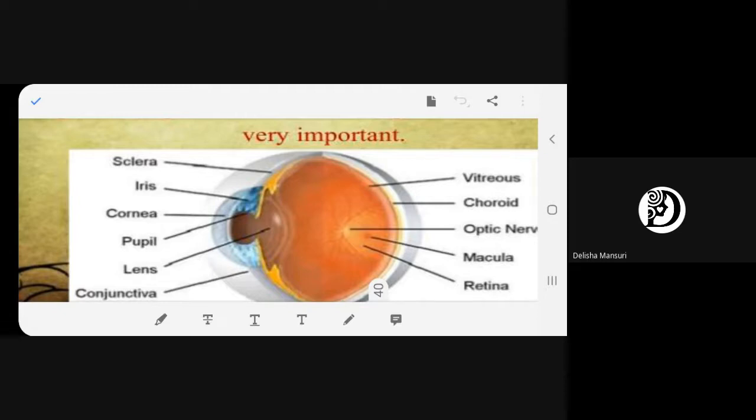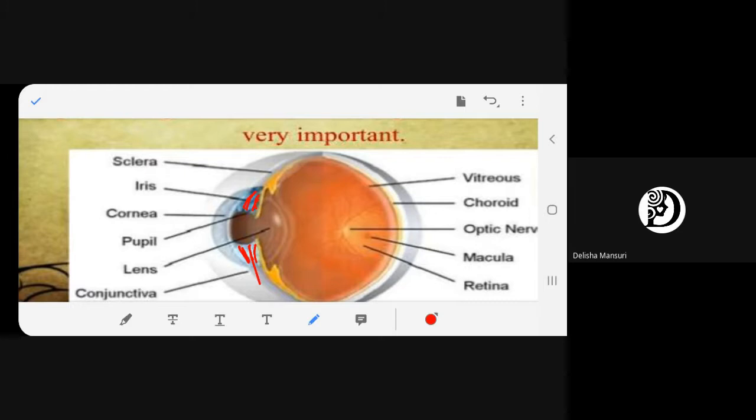And on the sides, we have the iris. Can you see this? On the sides of the pupil, we have the iris, which controls the pupil. It dilates or contracts it. Remember when we go out in the sun, our eyes become small. So it contracts.